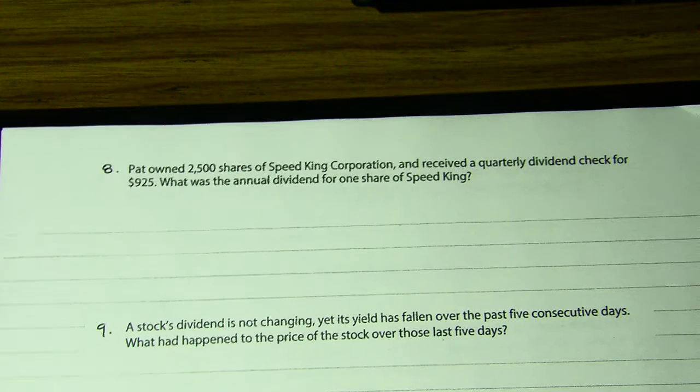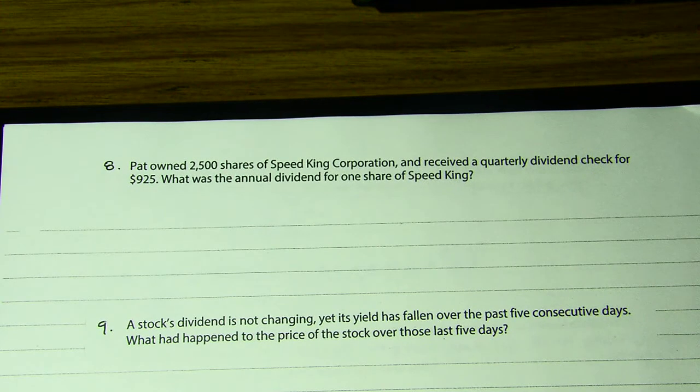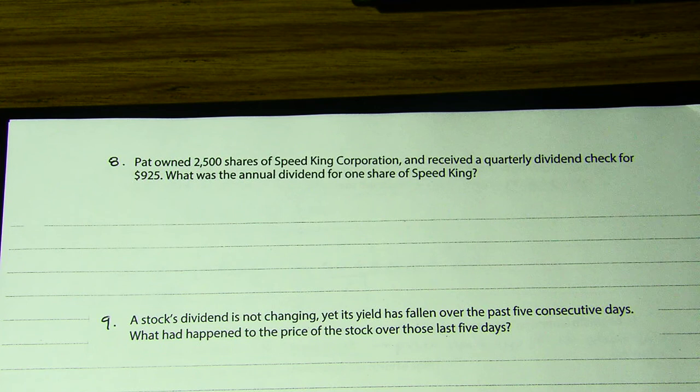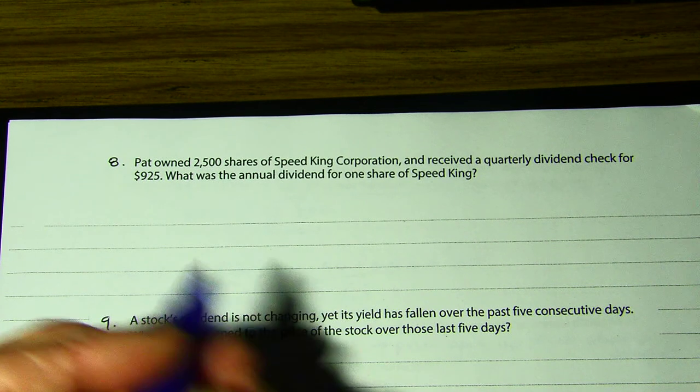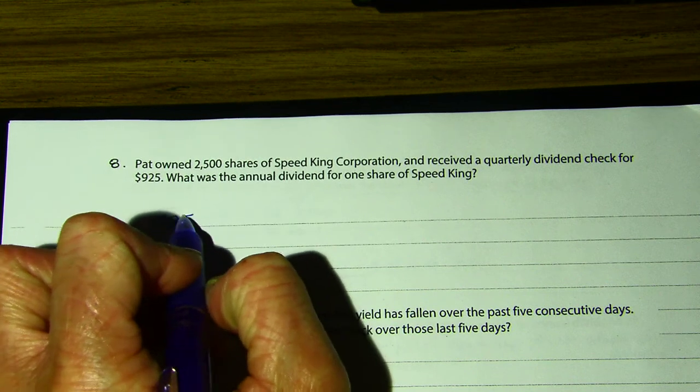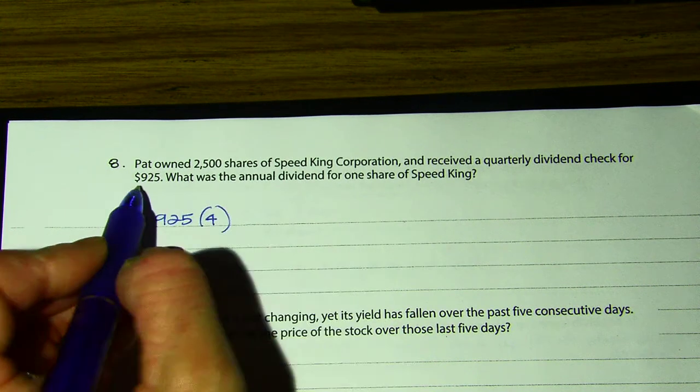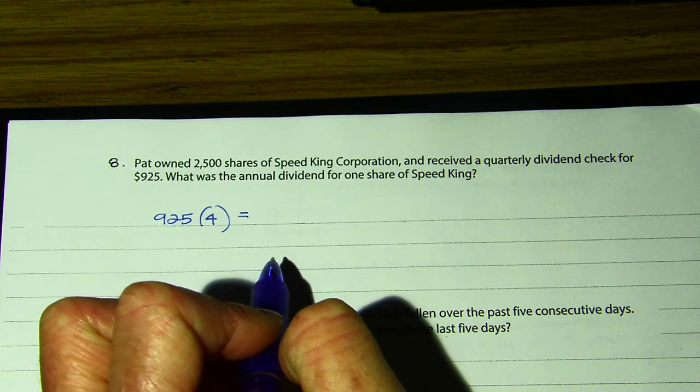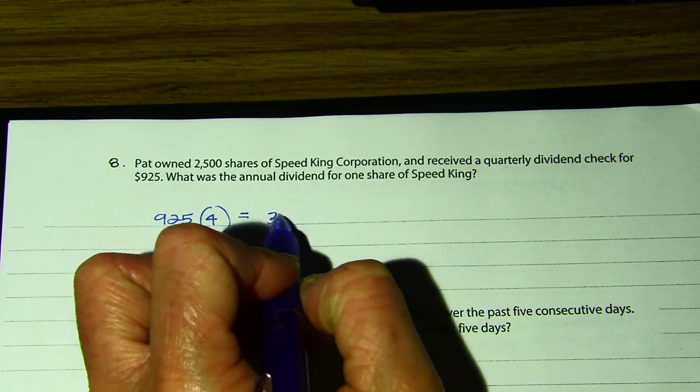Number 8. Pat owned 2,500 shares and received a quarterly dividend check for $9.25. So if that was his quarterly, what was the annual dividend for 1 share of Speed King? Okay, so $9.25 times 4, because this was per quarter, gives me $3,700.